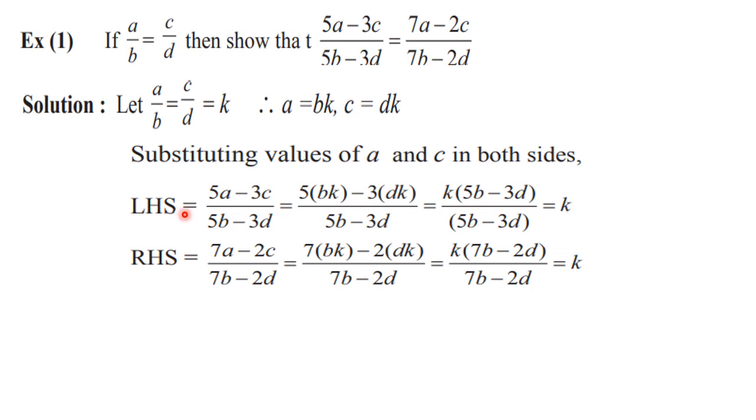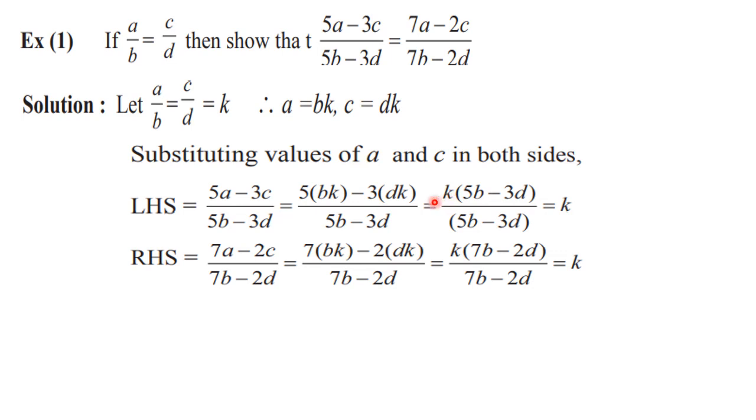So LHS is equal to 5A minus 3C upon 5B minus 3D. So in place of A now you will write BK. Okay, see, A is replaced by BK and C is replaced by DK. In the denominator we don't have A and C, so the denominator is written as it is. Now what we can observe here is in the numerator K is constant or common.